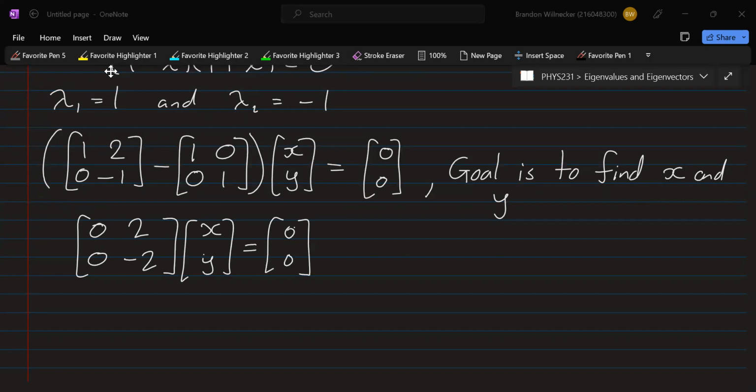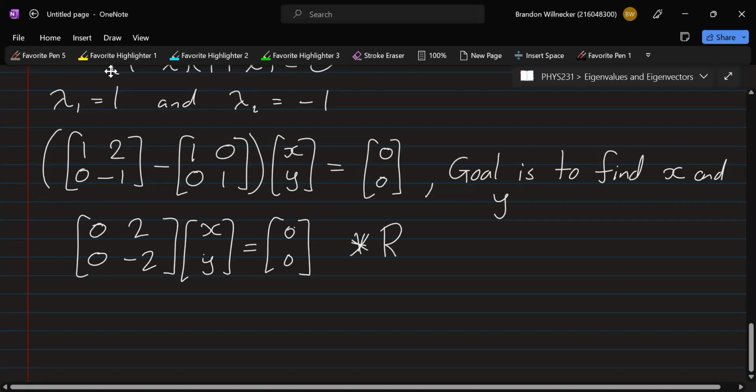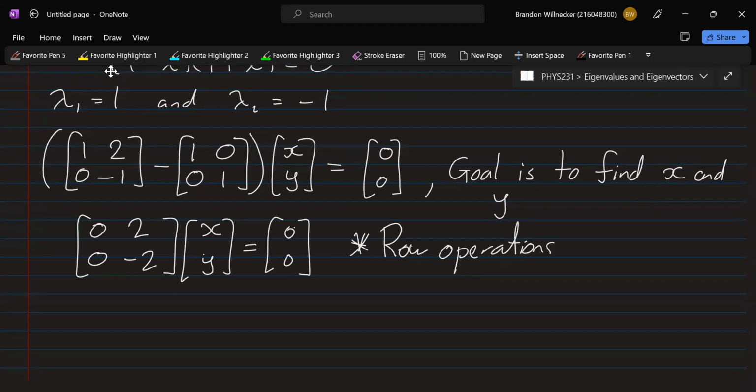And now an important note, we can do row operations on the system and it won't change the solution. Okay, so that's a very helpful note. Row operations won't change the system solutions.